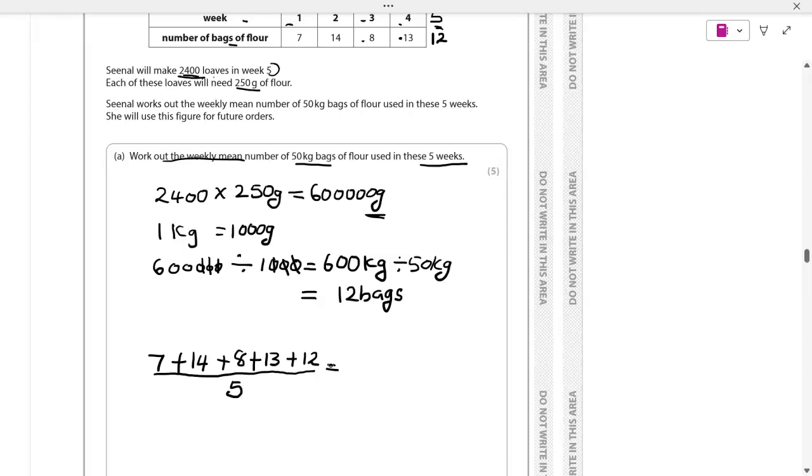If you put the top numbers in your calculator, 7 plus 14 plus 8 plus 13 plus 12, that will give us 54, divided by 5. My calculator shows 10.8. You can approximate 10.8 into a full bag, which will give you 11 bags.